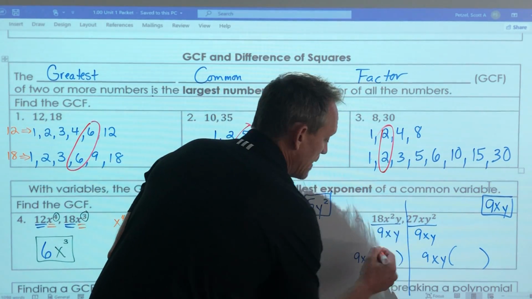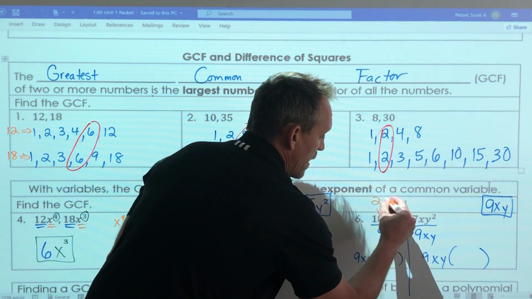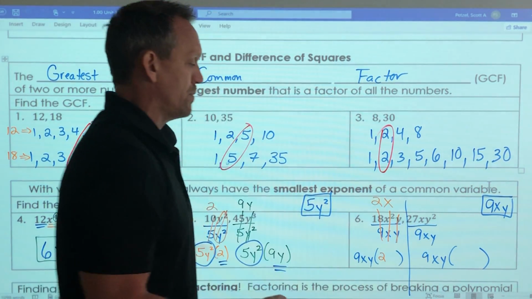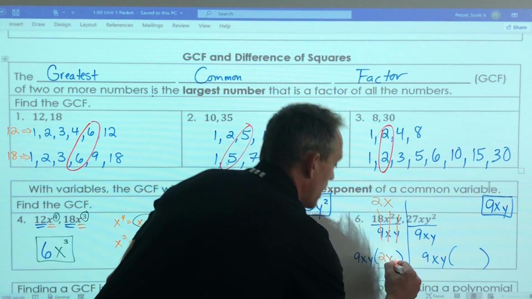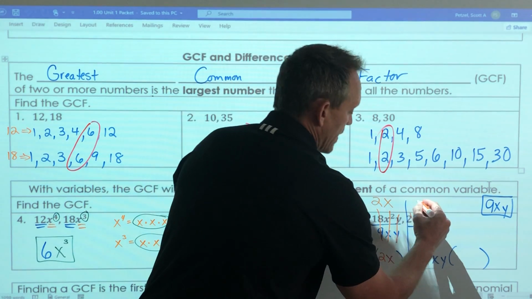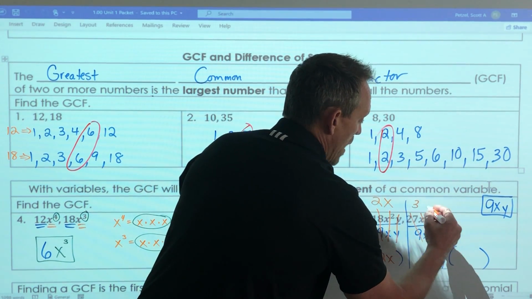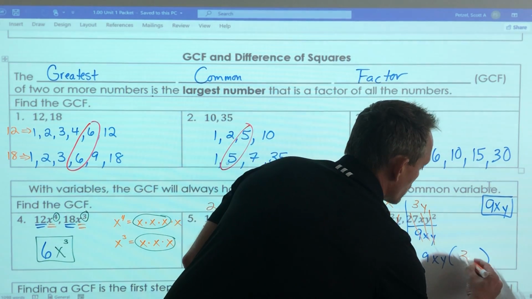So when we divide 18 by 9, we get 2. X squared over x, we get x, and the y's cancel. So we have 2x. 27 over 9 is 3. X is canceled. Y squared over y is y. So it's 3y.